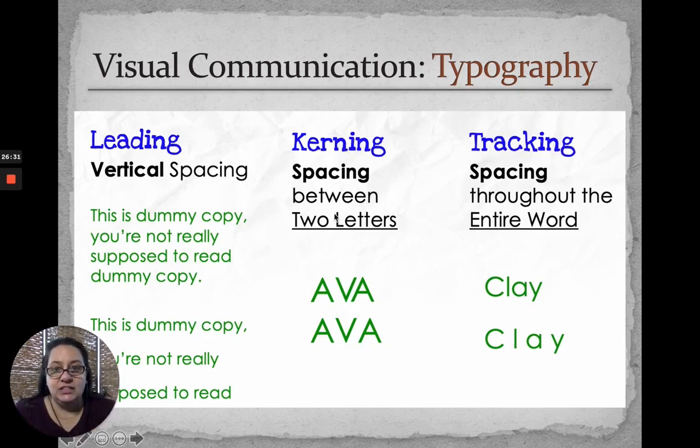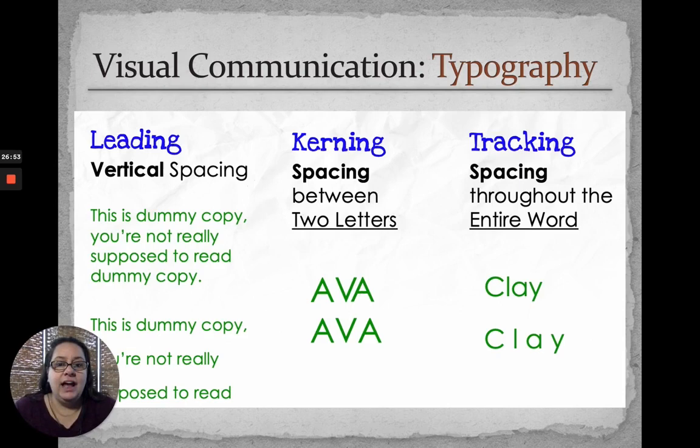Kerning is the spacing between two specific letters. This can be determined by a font. So this particular font, if I type in AVA, this VA gets way too close. It just happens to be how those fonts are put together in their space.